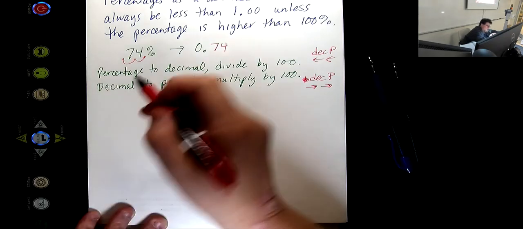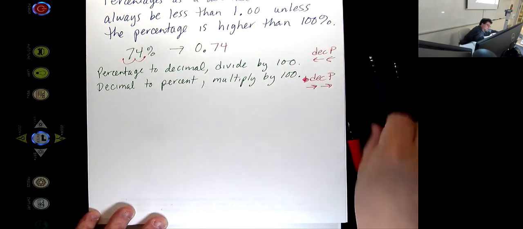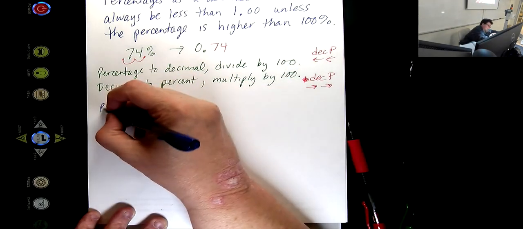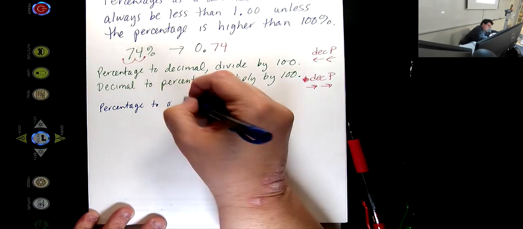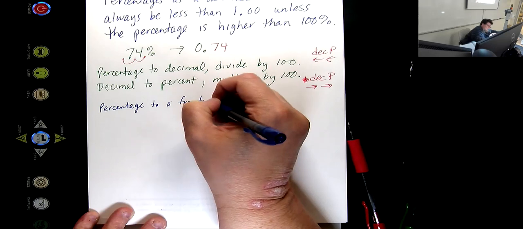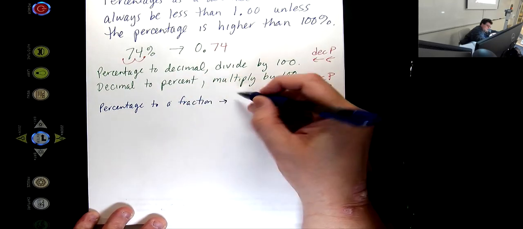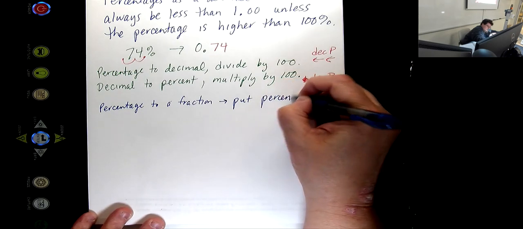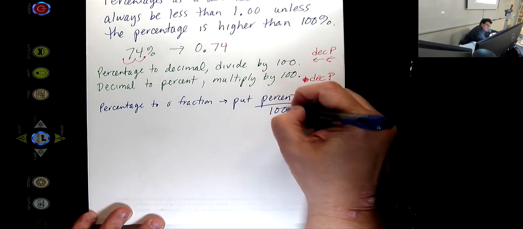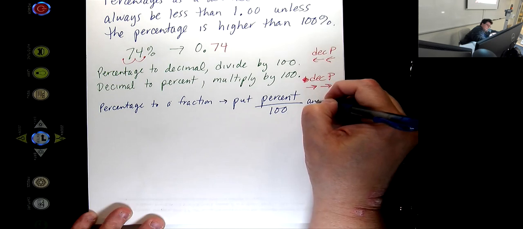If you want to go from a percentage to a fraction, just put the percent above 100 and drop the percent sign.